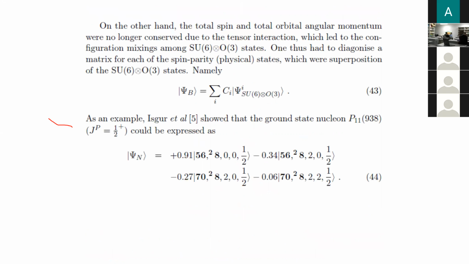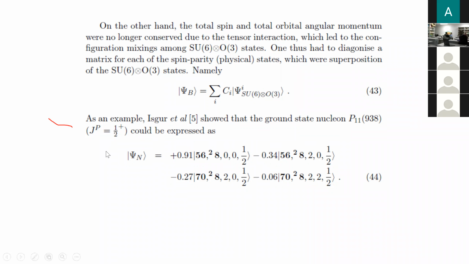And another consequence from the spin-dependent force is that it will introduce transition between different states of the SU6 cross O3, which means that as long as you take into account the spin-dependent force, that the state mixing is inevitable.